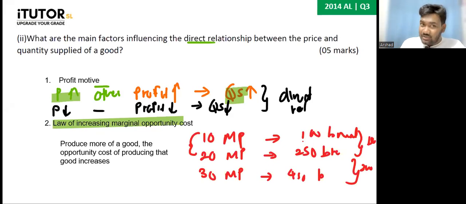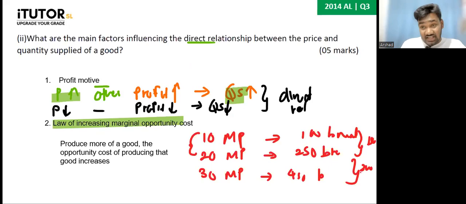So therefore, the producer is saying, look here, I will produce more, fine, but I will only produce more if the price increases to cover that opportunity cost. Because to produce the first 10 mobile phones, I had to give up 100. To produce the next 10, I have to give up 150. My opportunity cost has increased. To produce the next 10, I have to give up 200.